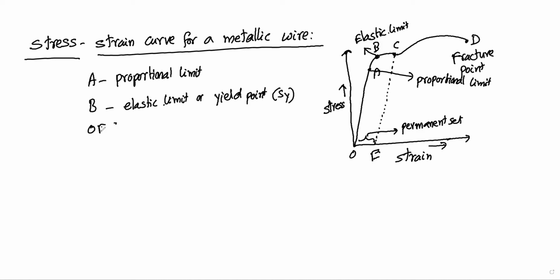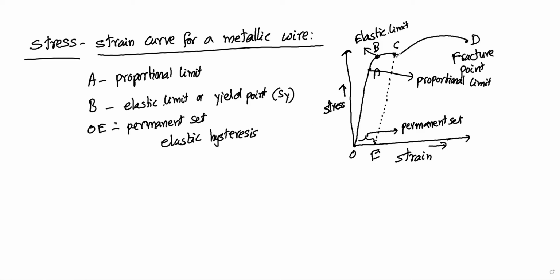OE we call the permanent set. The fact that the stress-strain curve is not retraced by reversing the strain is called elastic hysteresis.